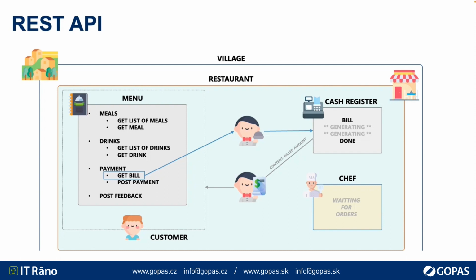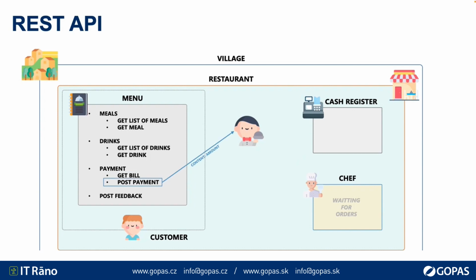So now we got a bill and we can post a payment. We will exactly take from our pocket the money and give it to the waiter as a content. So once we've done it, he will take it, run to the cash register, check if the balance is 0, and if yes, he will wait for us that everything is fine and we can finally leave.